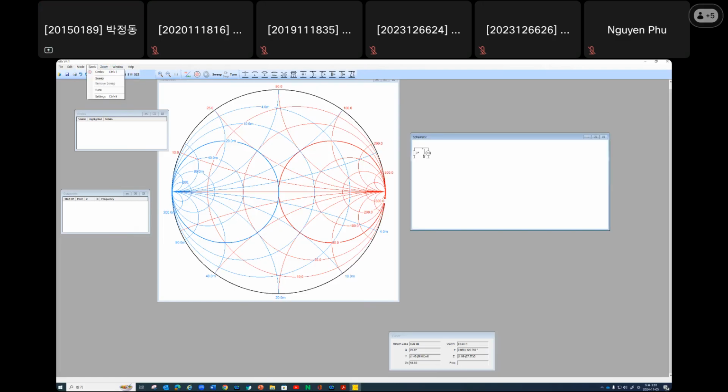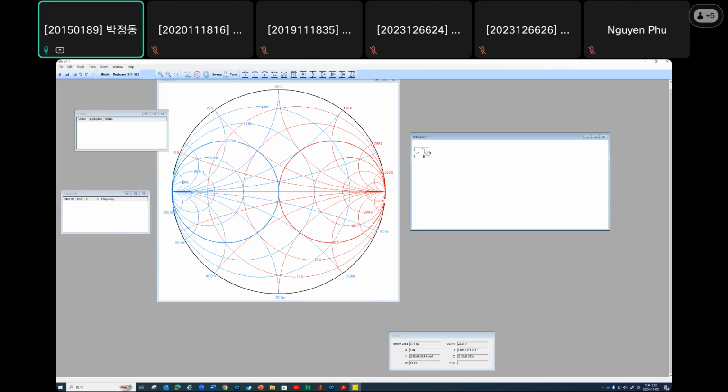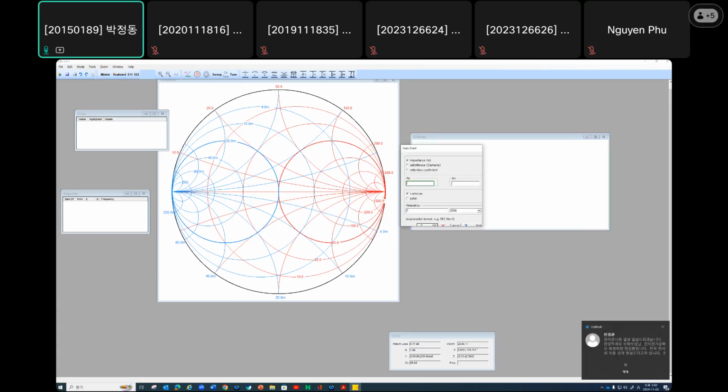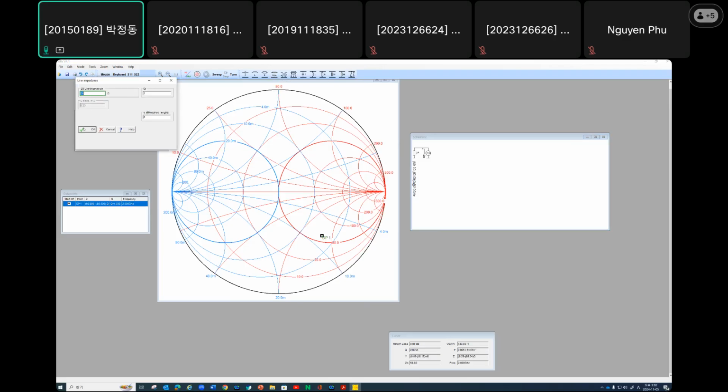Here, in the setting, we just use 2. Okay, so we plot the impedance as 60 minus 80, right? Here. And we just add a transmission line, right?